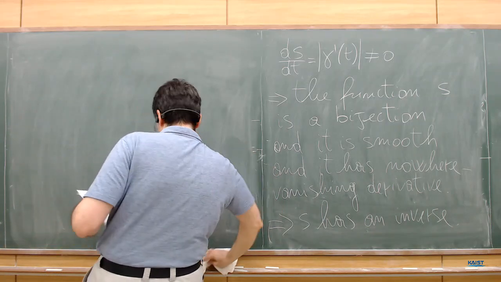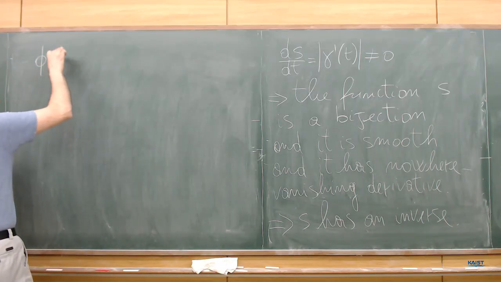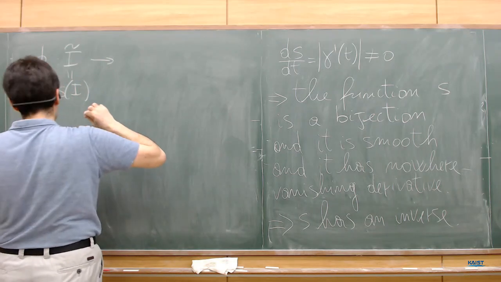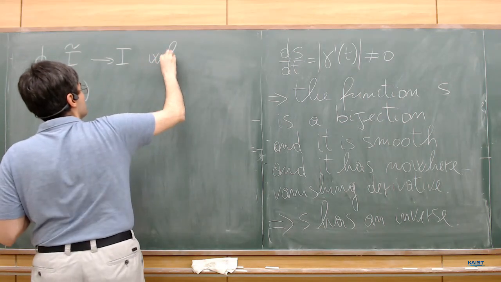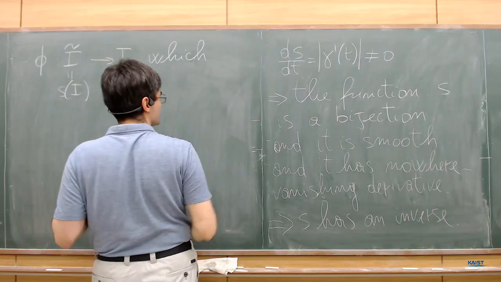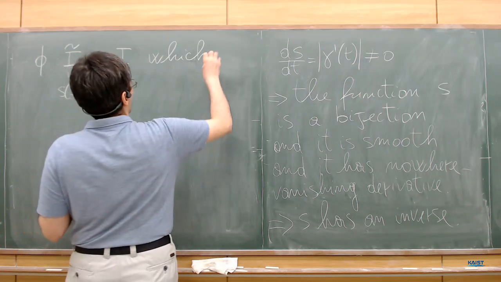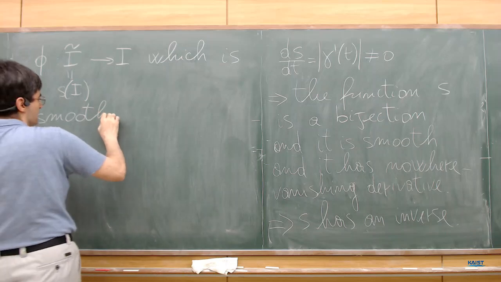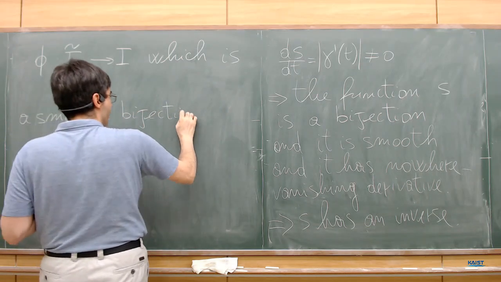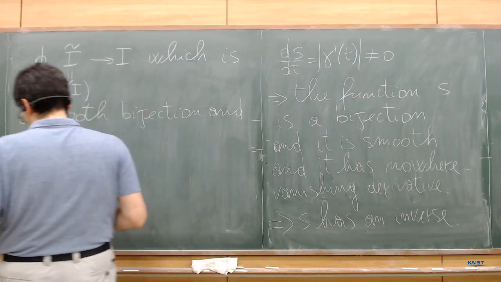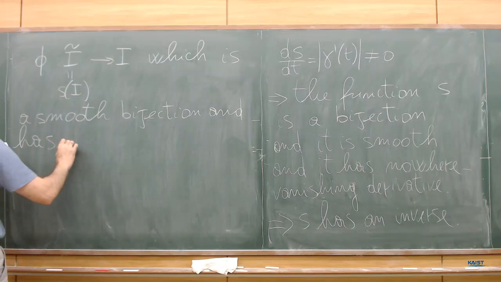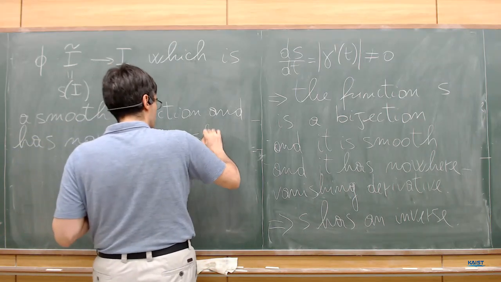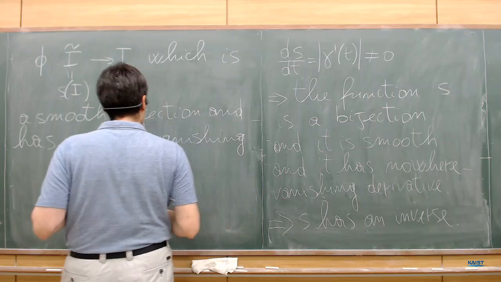So we have phi defined on I tilde, which has been defined as s of I, with values in I, which shares the same properties as s, so this means that it is a smooth bijection and has nowhere vanishing derivative.